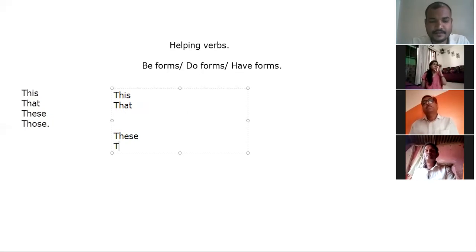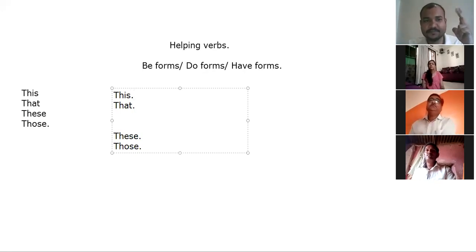These, those: these two are plurals. First two singulars, this, that. Plurals, these, those.